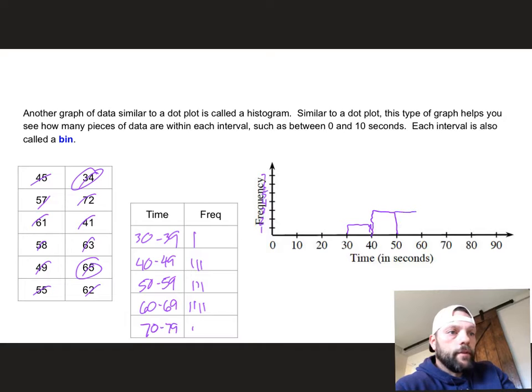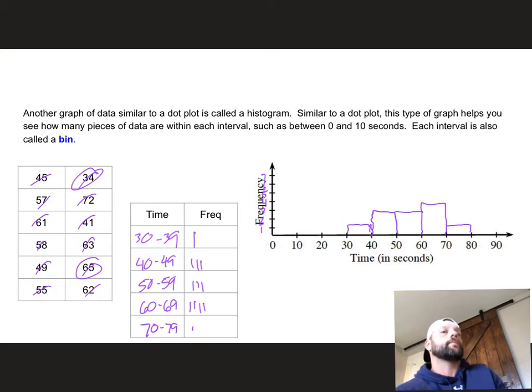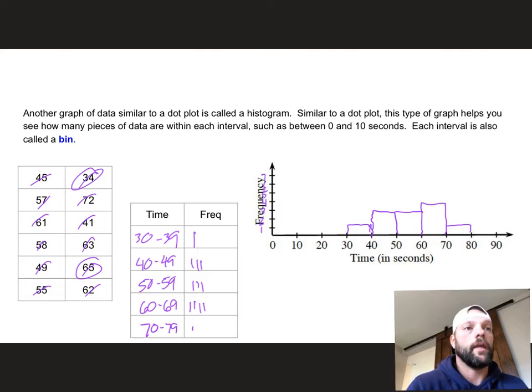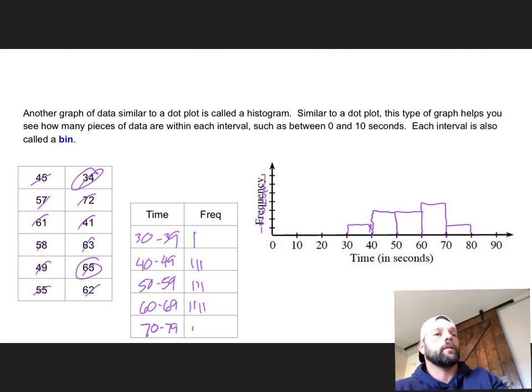And then 50 to 59 is going to be about the same. And then 60 to 69 is going to go up 1. And then 70 to 79 is right there. Okay? So that would be my histogram.